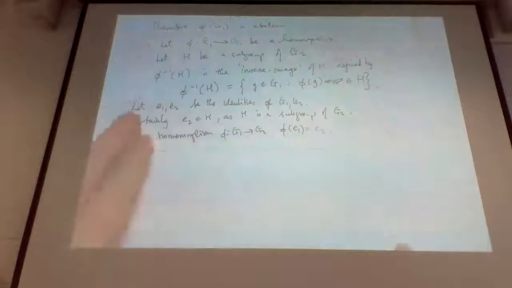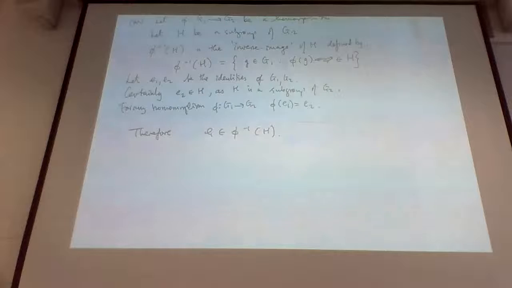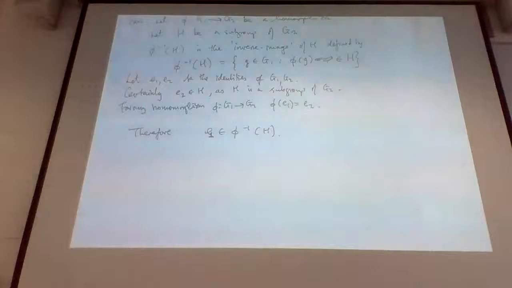Looking at how it's panning out, I wouldn't require it, but I clearly stated it. So therefore, E1 is an element of phi inverse of H. So the identity E1 here is an element of phi inverse of H.